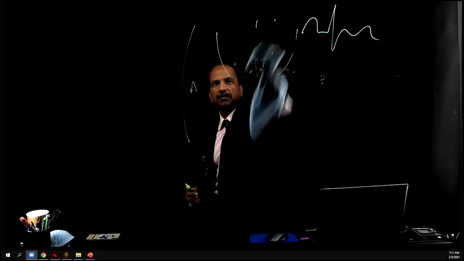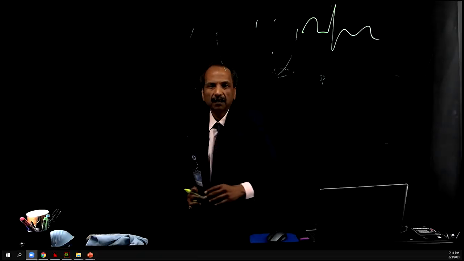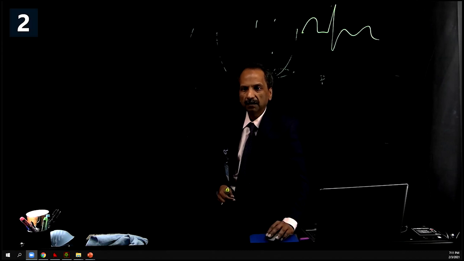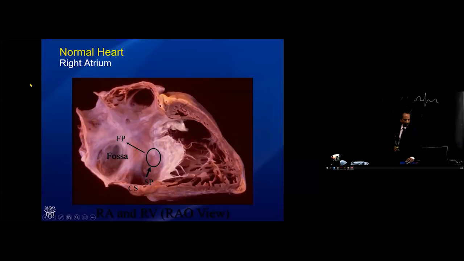Siva also brought up the issue of the accessory pathway in the posteroseptal region. So this is a little counterintuitive, and maybe I'll go back to the slides here to show what the issue is.